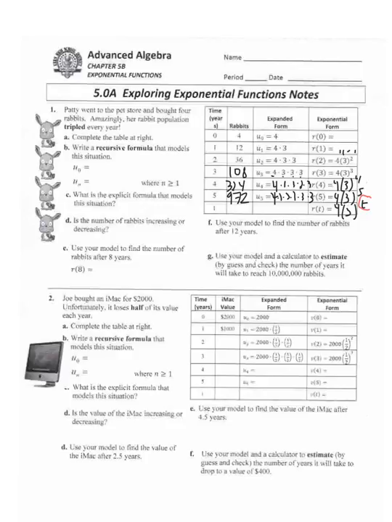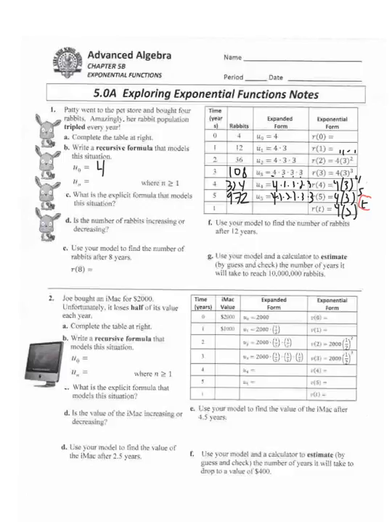Alright, for letter B, write a recursive formula that models this situation. So u sub 0 is equal to 4. It tells us right here u sub 0 is equal to 4. What does that mean? That means at year 0 there are 4 rabbits.